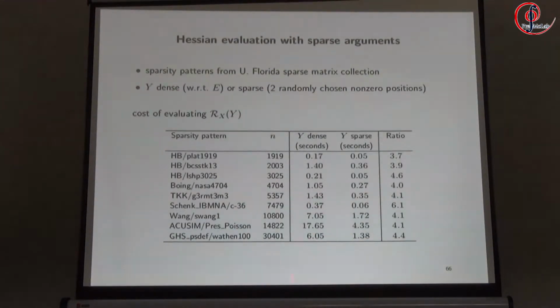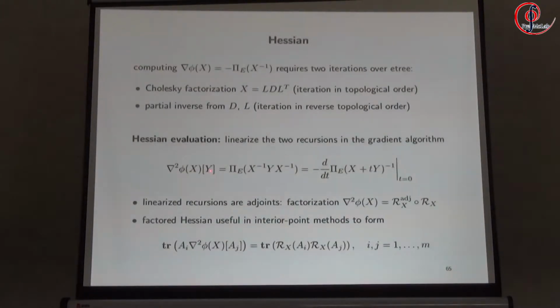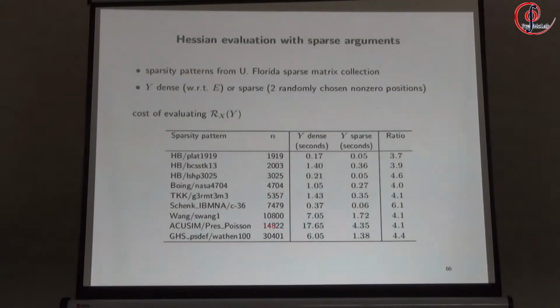So this is the cost of the Hessian, and there are further savings you can get if the argument y at which you apply the Hessian is sparse, because then you can skip some computations. So this shows the time in seconds to evaluate the Hessian.